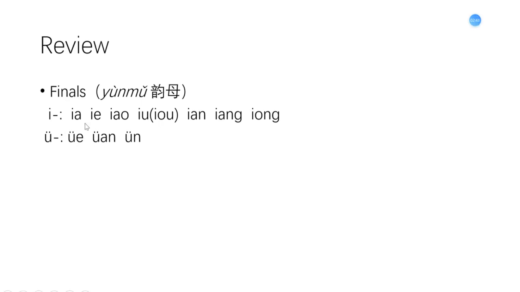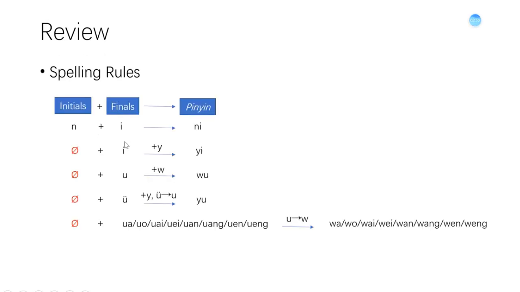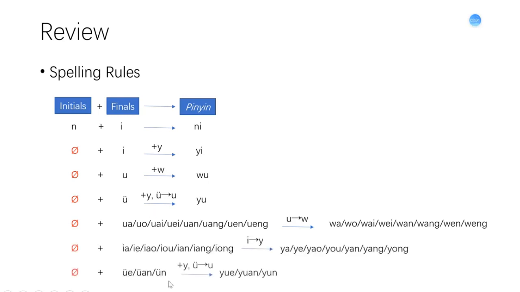Okay, so finals. And then we have new spelling rules of lesson 3, because we just learned two groups of finals beginning with E and beginning with Ü, right? So we have special writing rules for these finals.